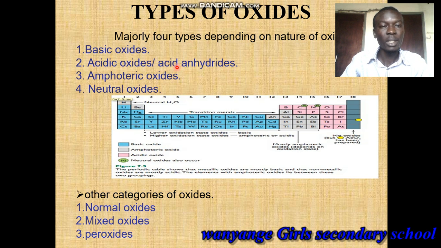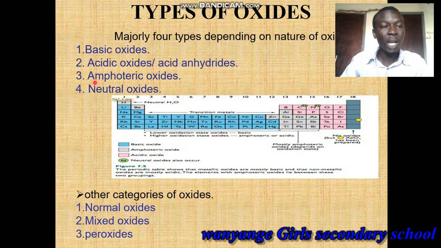So not all acidic oxides are acid anhydrides. Some of them do not dissolve in water, therefore they are not acid anhydrides. Before we go to amphoteric oxides, these acidic oxides are all non-metal oxides.